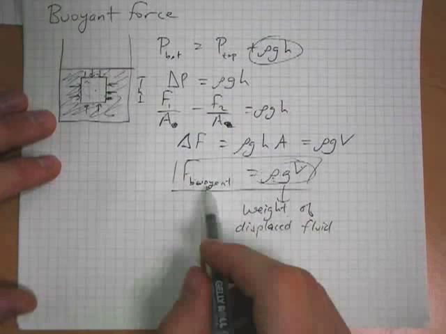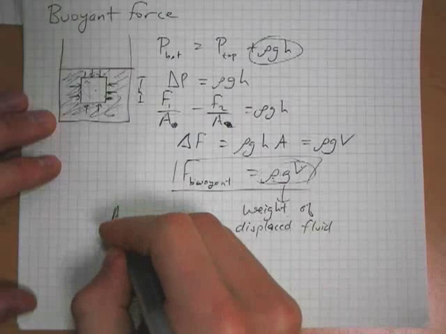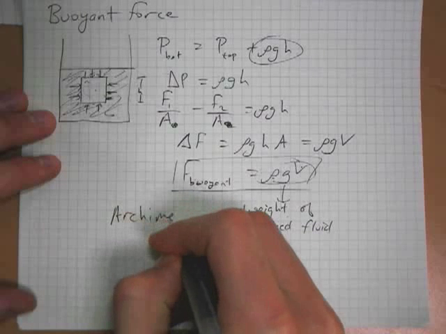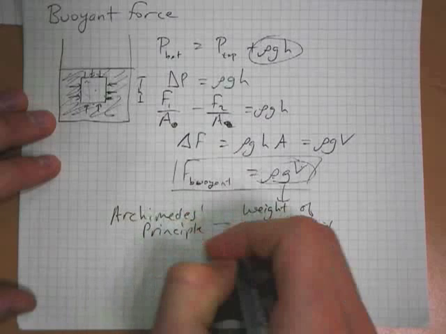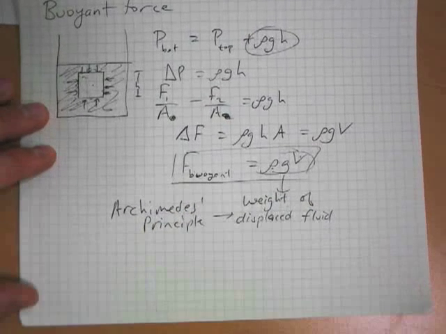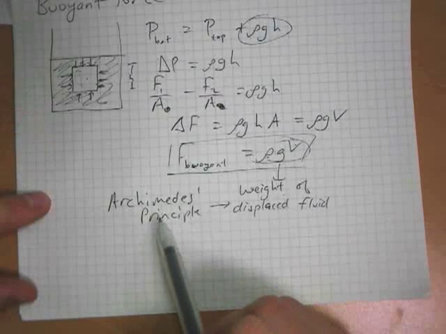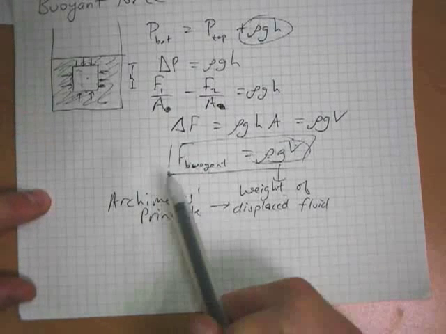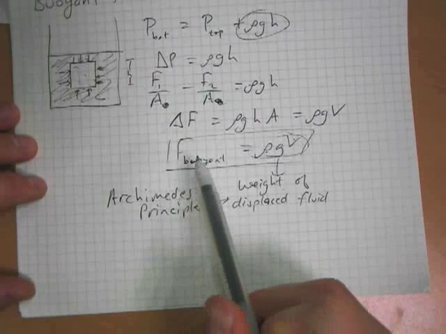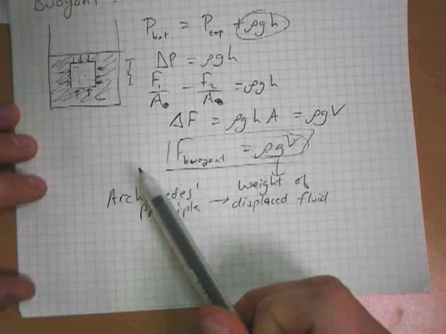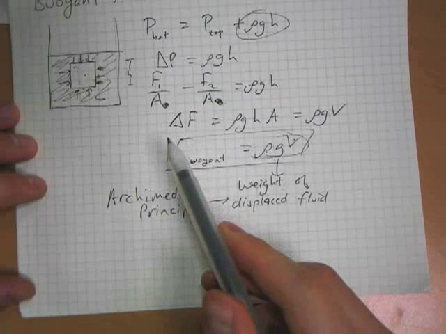The fact that the buoyant force is equal to the weight of displaced fluid is known as Archimedes' principle, because it was discovered by a guy named Archimedes. And this holds true for any object, regardless of whether it's completely submerged or not.